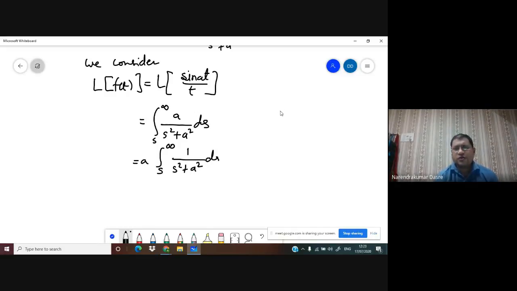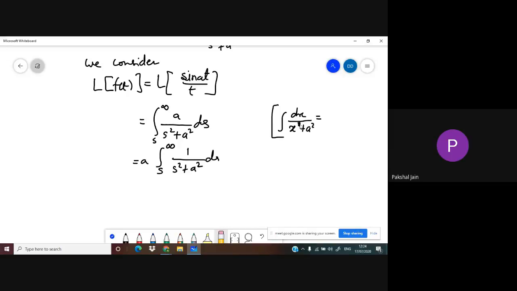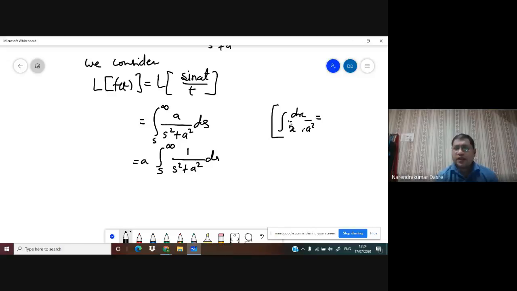So you have the formula for integration. What is the formula? The integration of dx upon x square plus a square is 1 by a tan inverse of x by a.